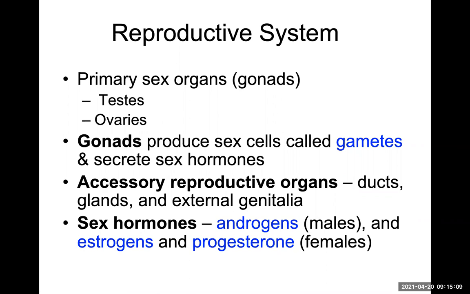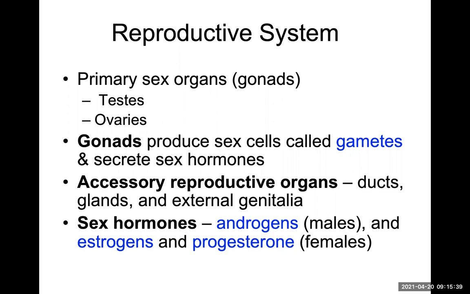So in addition to the gonads, the testes and the ovaries, we have accessory reproductive organs. Those accessory reproductive organs are there essentially to support the gonads and to help them to make viable and functional gametes. And then the last piece of this puzzle, and it's a very important piece, are the hormone profiles associated with reproduction.